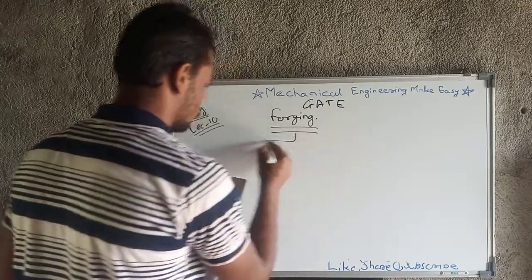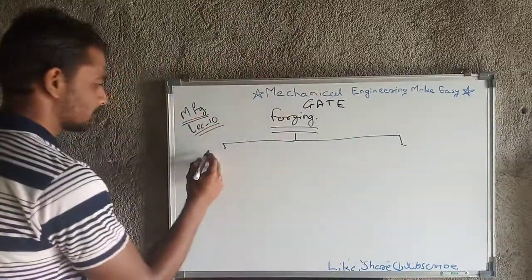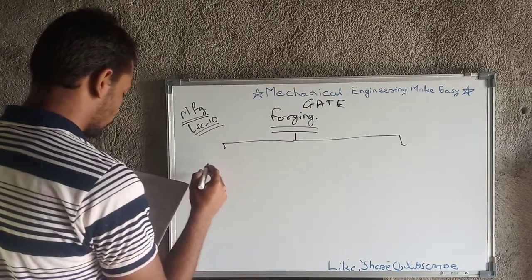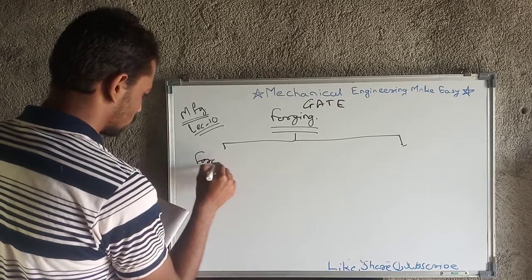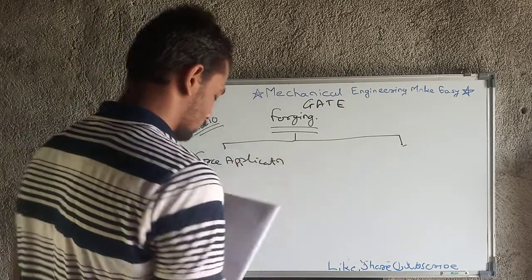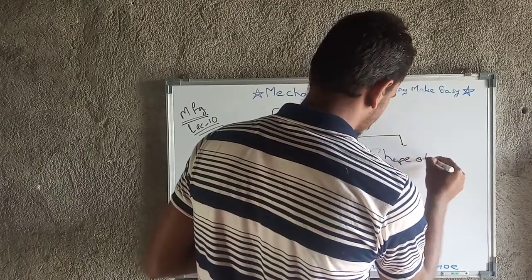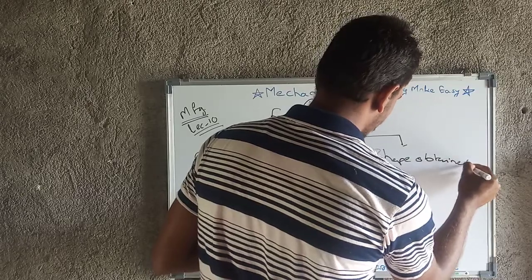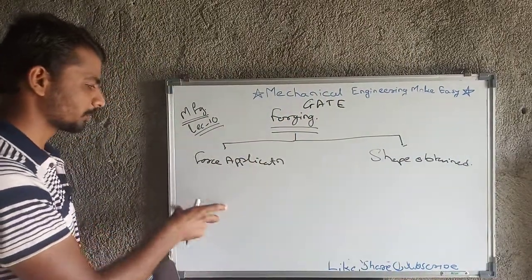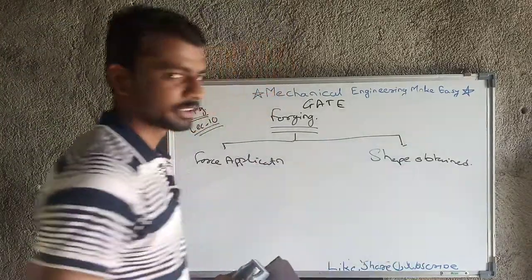So forging has basically two types of classification. First is force application, and second is shape obtained. One classification is based on the force application, and another is based on the shape obtained.